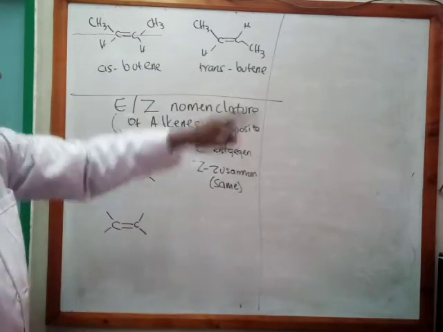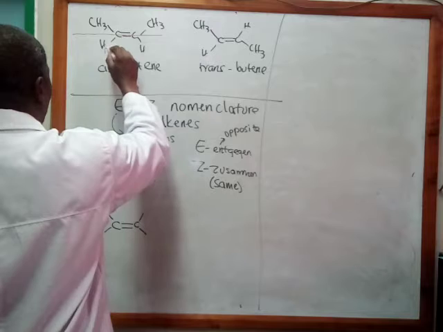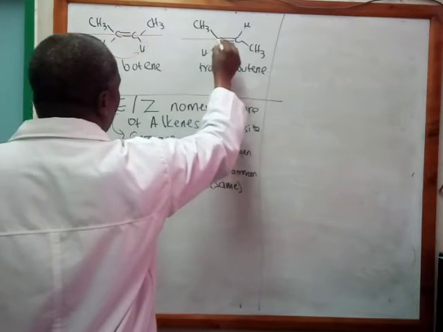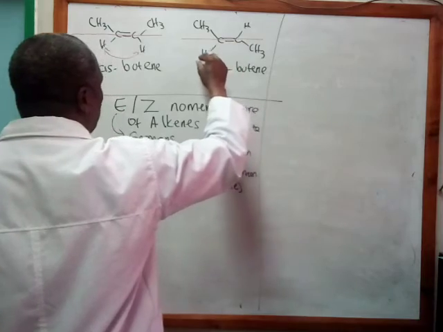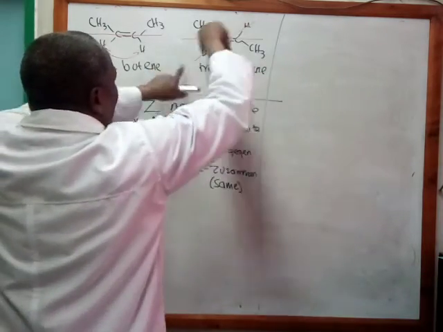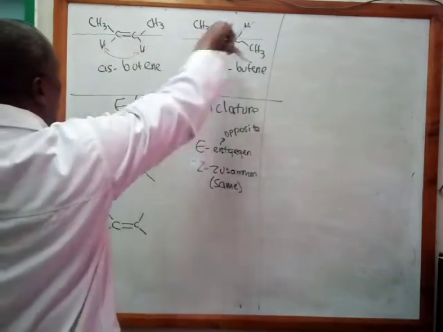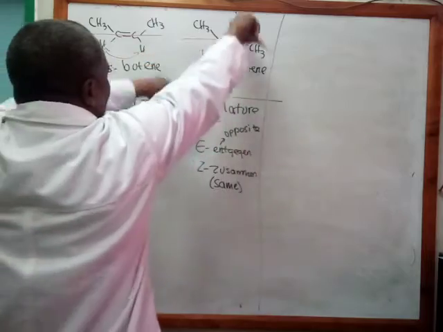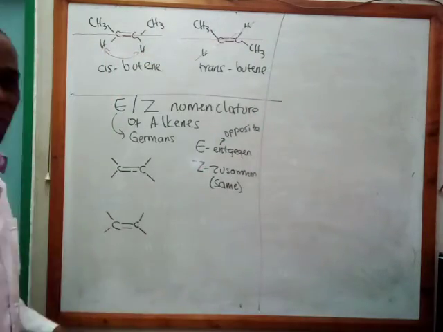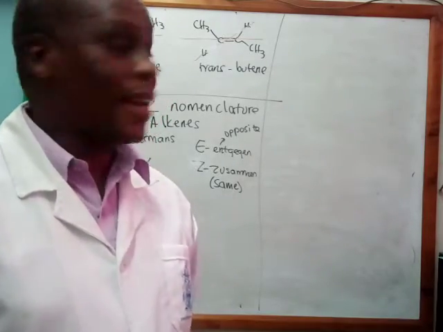On that horizontal line, these two hydrogens are on the same side. And these ones are actually across, on opposite sides of that line, just like an equator.